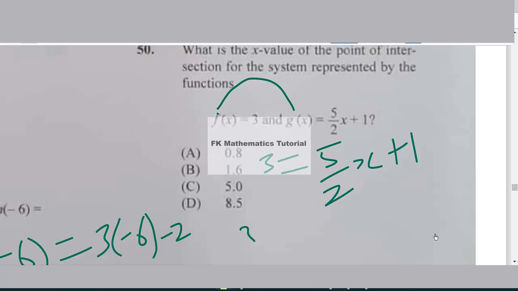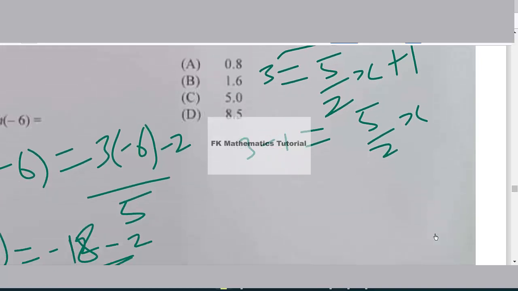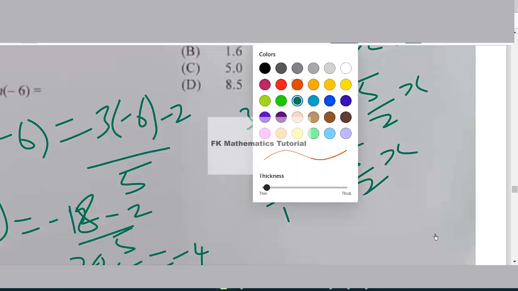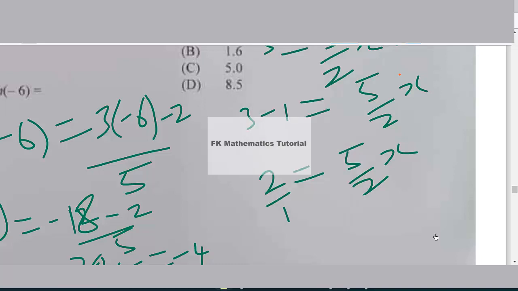So 3 minus 1, we bring the same terms together, equals 5 over 2x. Now we have 2 is equal to 5 over 2x. Now this is over 1, so let's cross multiply.